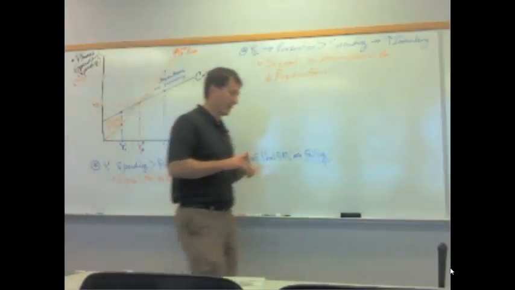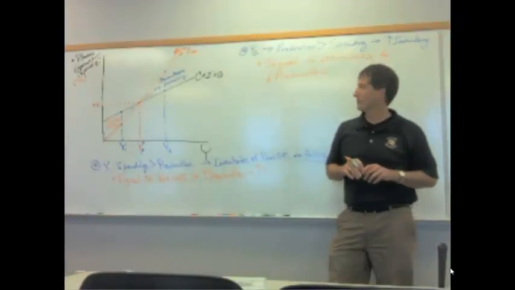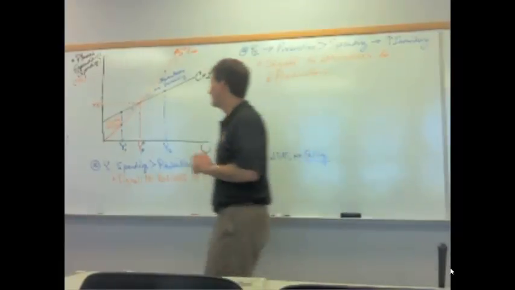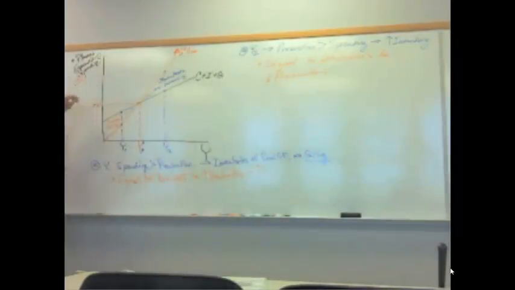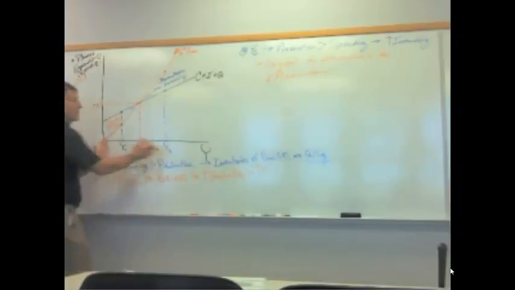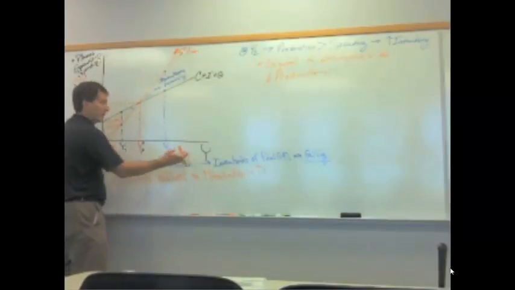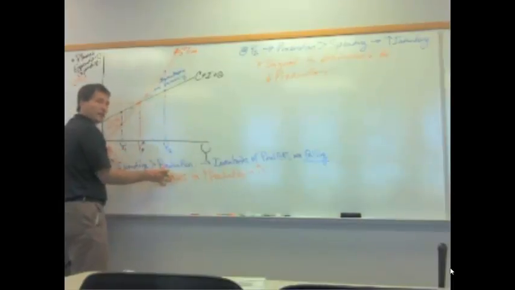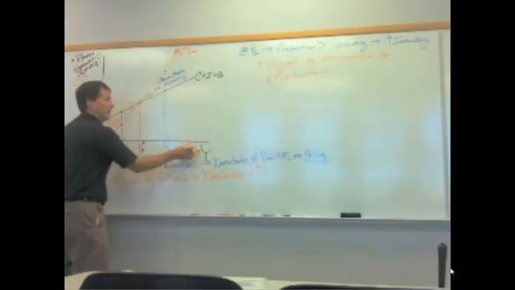equilibrium. Go ahead, Max. Is the 45-degree line similar to the supply curve or not? No, not in this case, because we're at least talking about production here, and we're going to show a model later where we'll link this graph to that other one, the aggregate demand, aggregate supply graph.